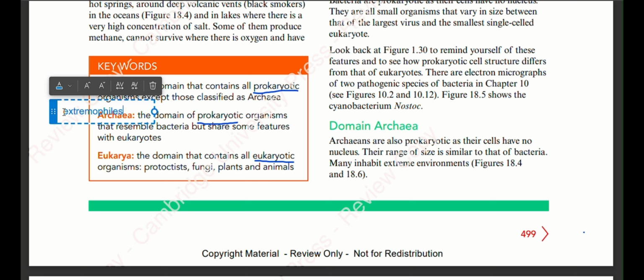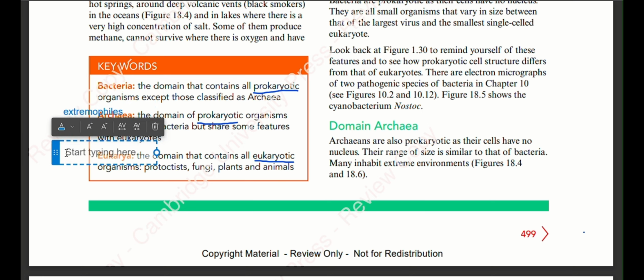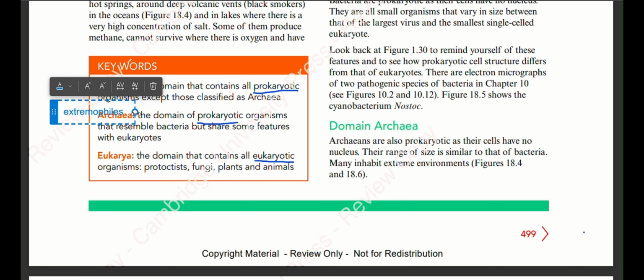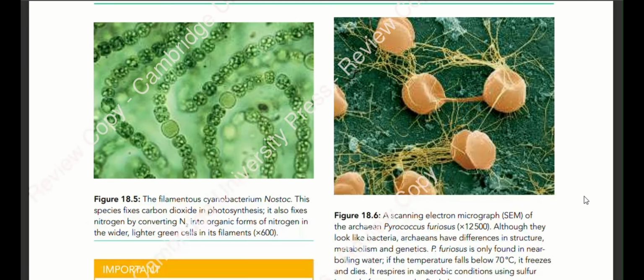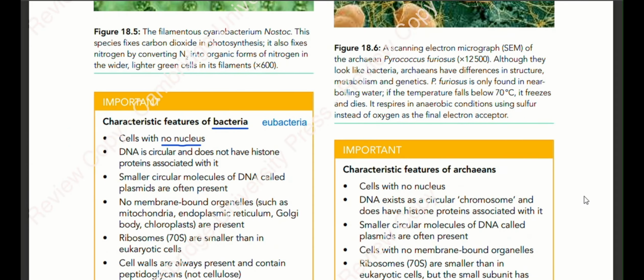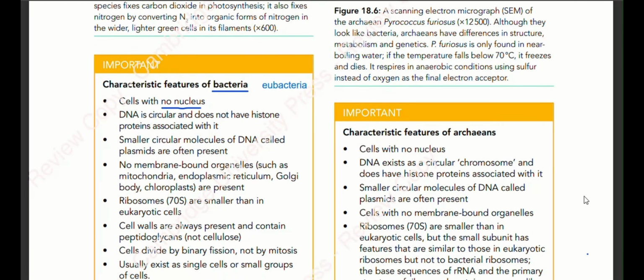Extremophiles are the organisms which can live in or withstand very high or harsh temperatures. So now we have to talk about these three main domains one by one. I might come back to show you these pictures after a while.